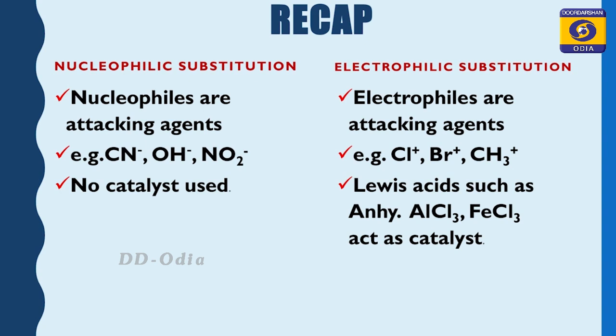For nucleophilic substitution reactions, no catalyst is used, whereas for electrophilic reactions catalysts are used, and aryl halides are not so susceptible to nucleophilic substitution reactions, whereas for electrophilic reaction the benzene ring is far better, and also you may see that in this case the intermediate is a carbanion, and in the case of electrophilic substitution a sigma complex is formed as the intermediate.